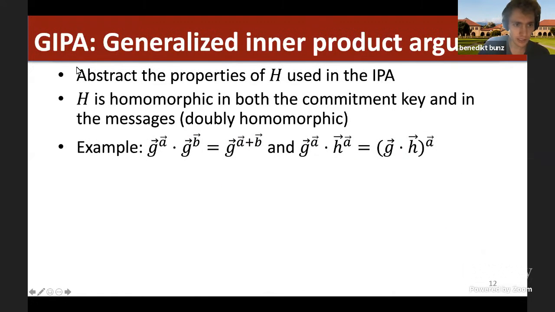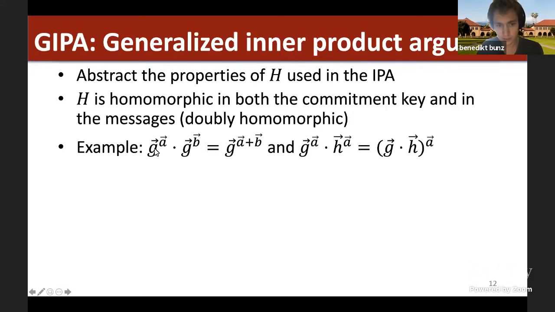The key insight is that we wanted to abstract the properties of H used in the inner product argument. One key insight is that H is homomorphic in both the commitment key and in the messages. So we can say that H is a doubly homomorphic function.